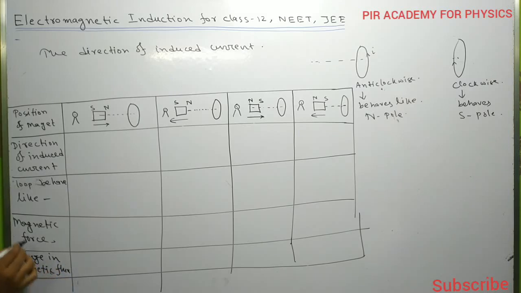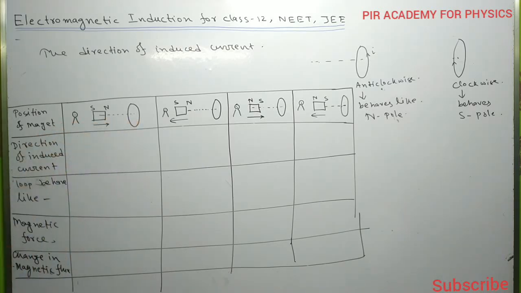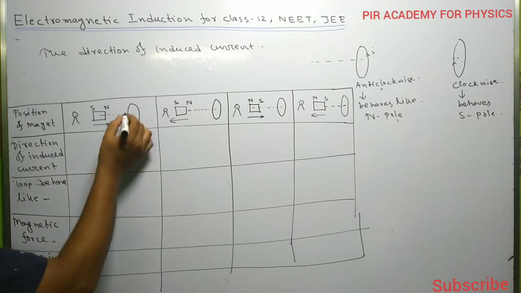These are the four quantities you have to learn in this way. Here, condition 1: when this magnet moves towards this loop, then there must be a north pole.